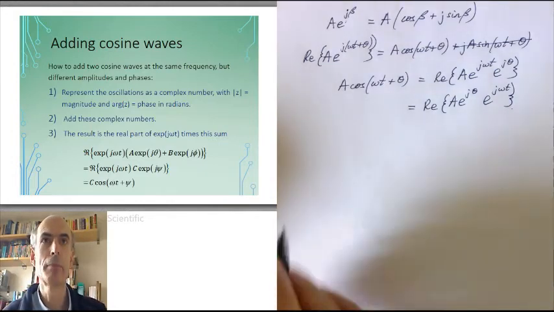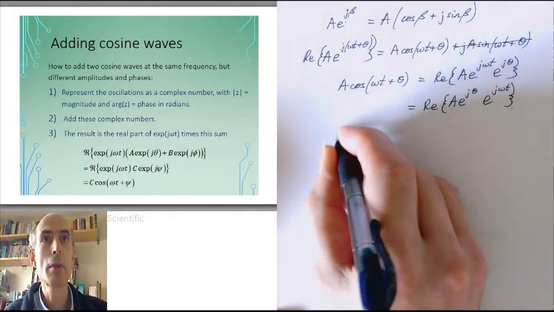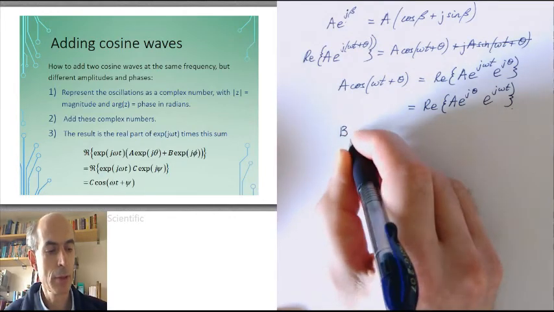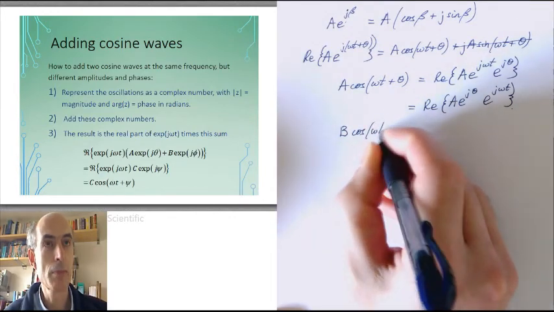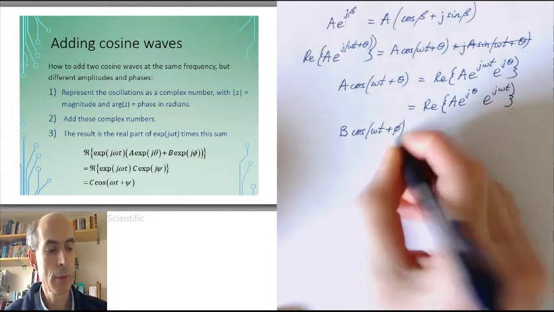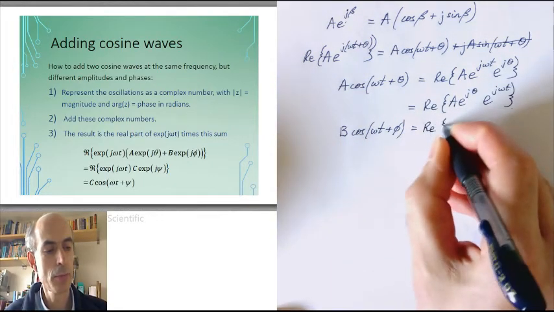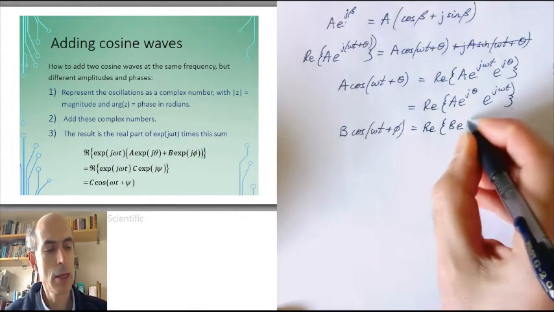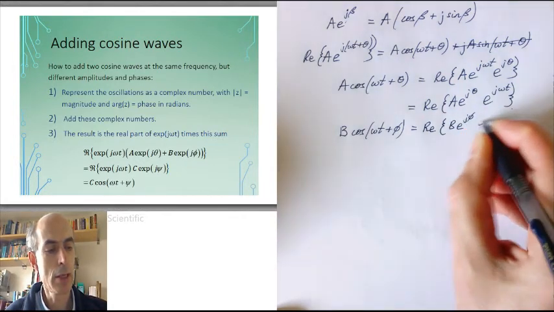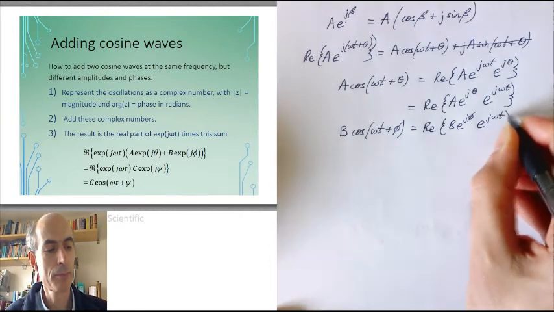If I had another cosine wave, say b times cosine (omega t plus phi), that would be the real part of b e to the j psi, e to the j omega t.